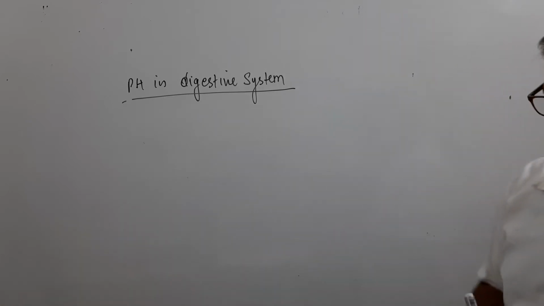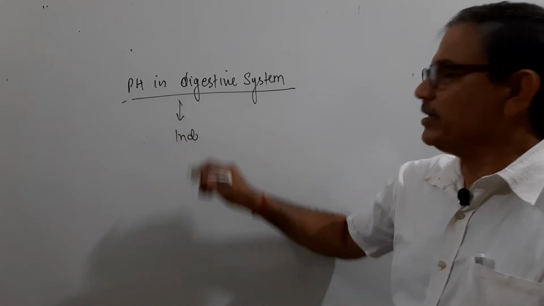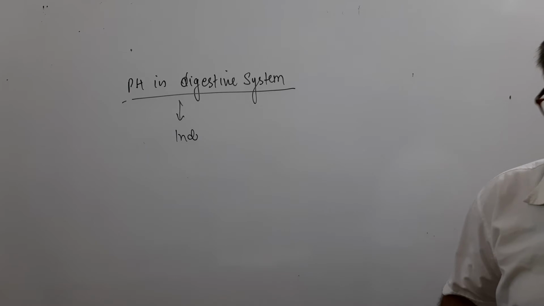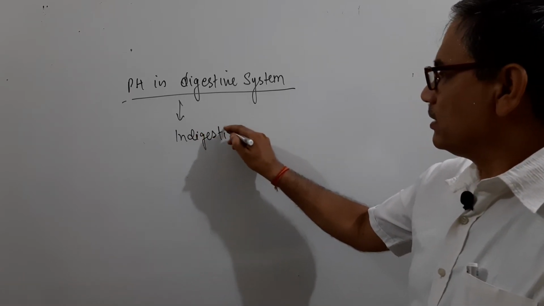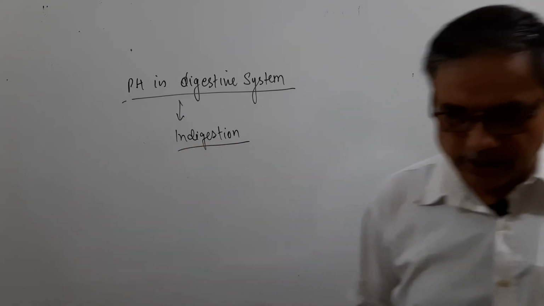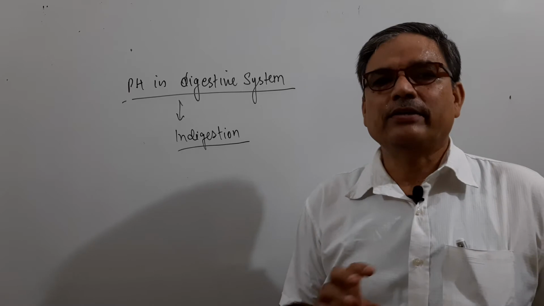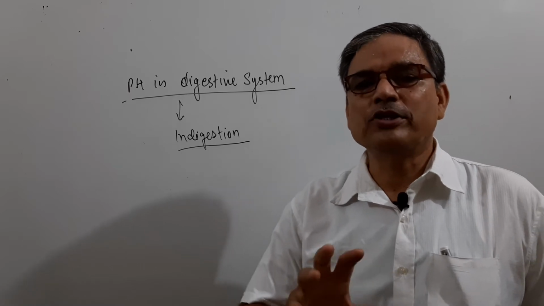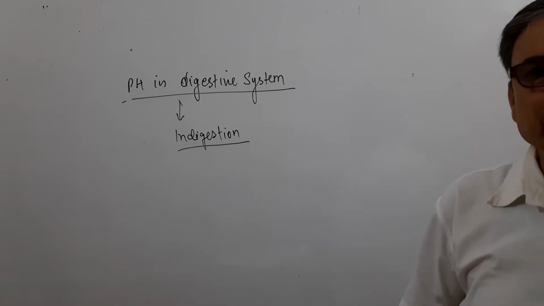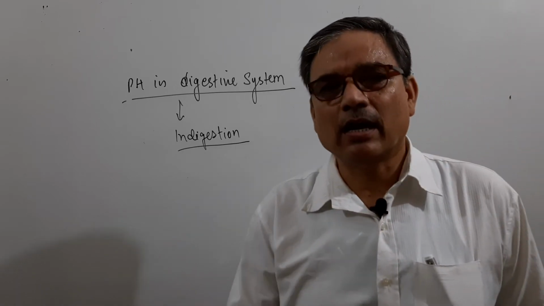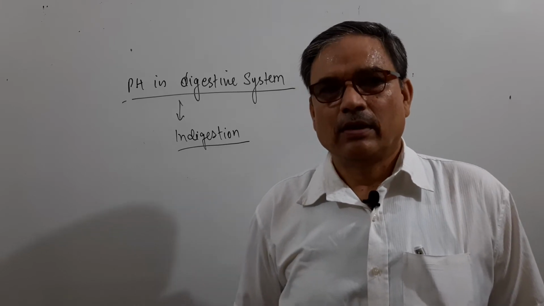But in case of indigestion, meaning incomplete digestion, the food is not converted into a simpler form due to overeating or stale food, or we have eaten too much food, and indigestion takes place.